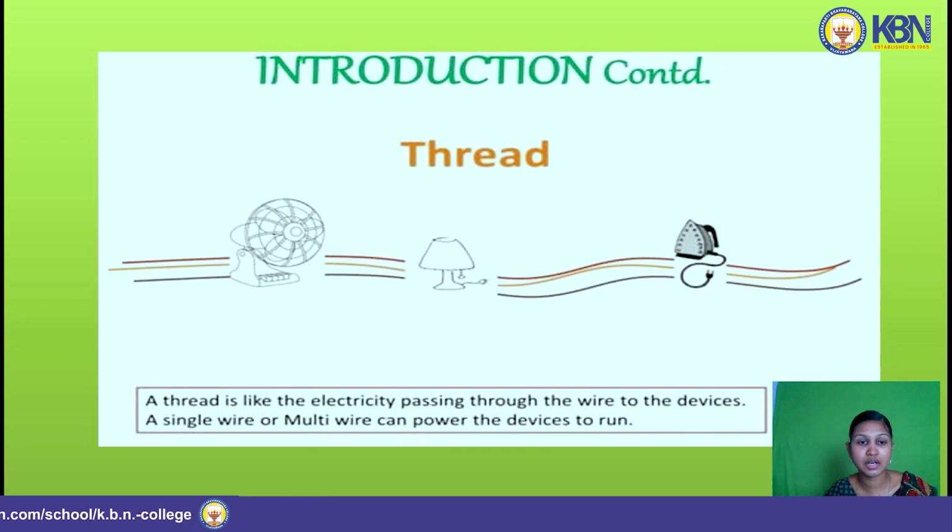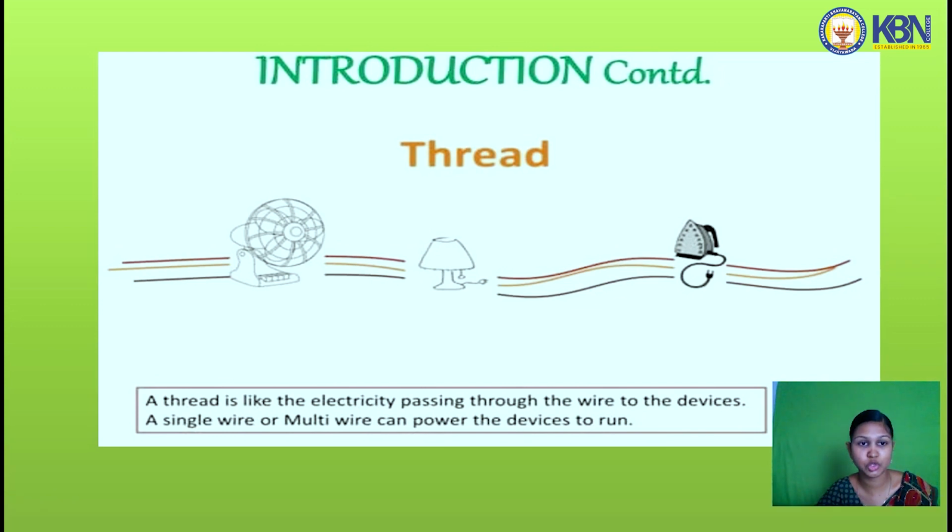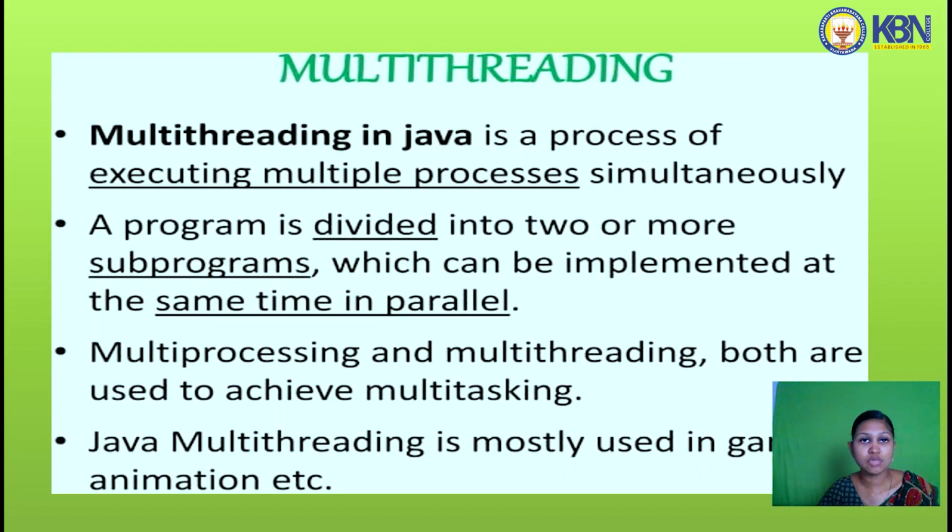Here, thread means a multitasking process. You have to do the processes at a time. What is multi-threading? It is executing multiple processes simultaneously, not step by step. You can execute multiple processes continuously and simultaneously.